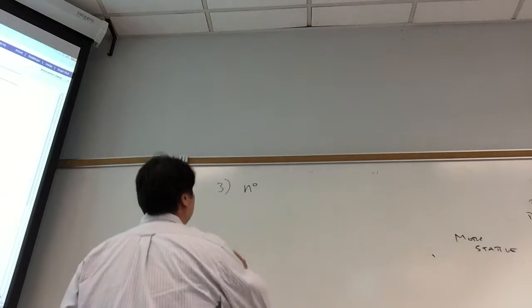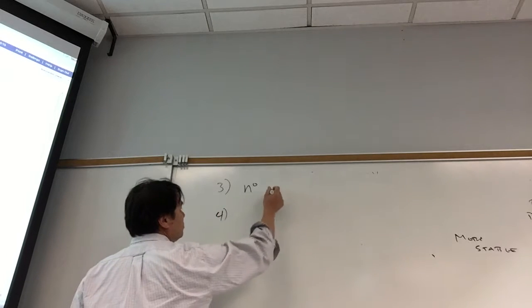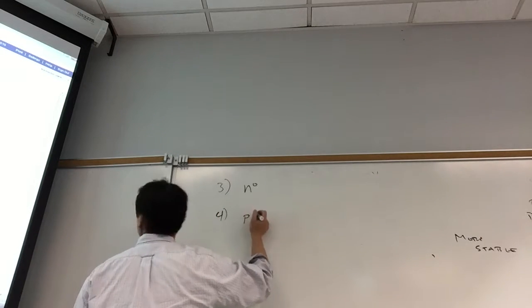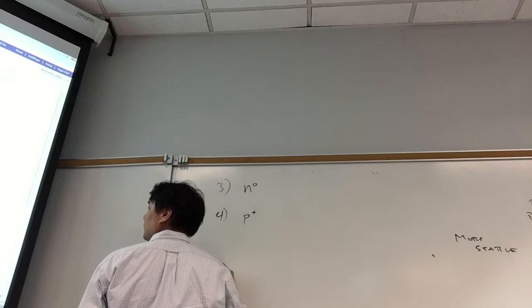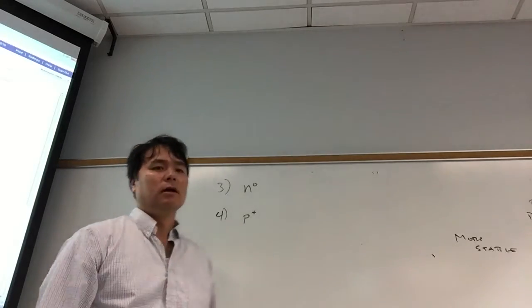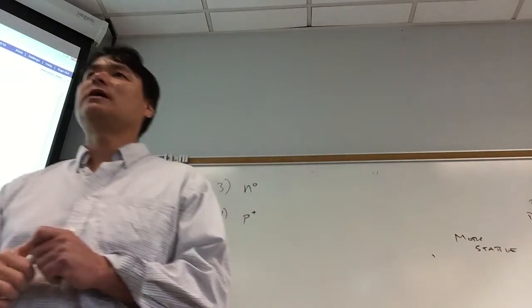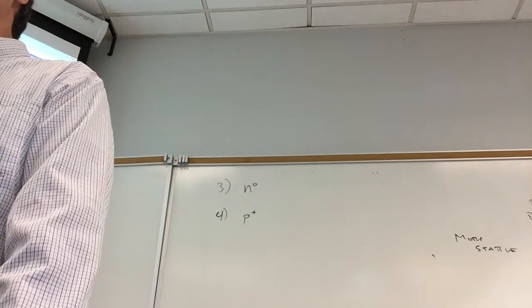So we have things like neutrons, and these are neutral. Then we have protons. So you know, these are the particle forms of radiation that you might see from radioactive nuclei.